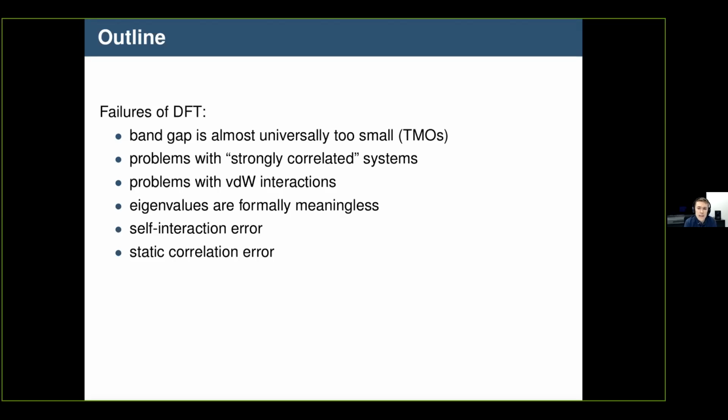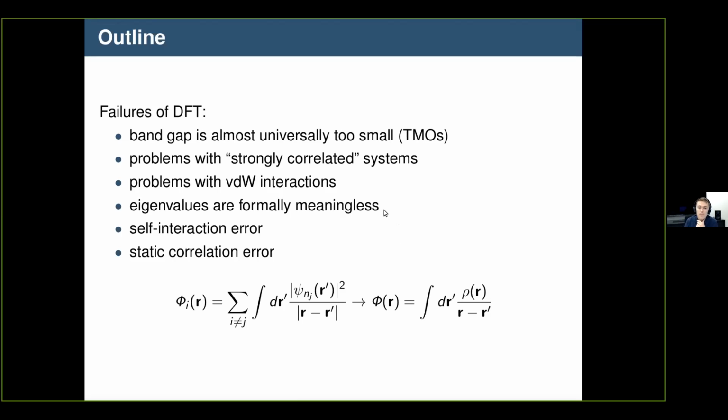And then secondly, we've also got issues with the self-interaction and static correlation error. Self-interaction error is one that I'm particularly interested in, and a large part of the talk will focus on it. So you've got one-body self-interaction error. The issue is that usually you've got some sort of Hartree term, where specifically we are not counting the Hartree potential as experienced by some electron i.